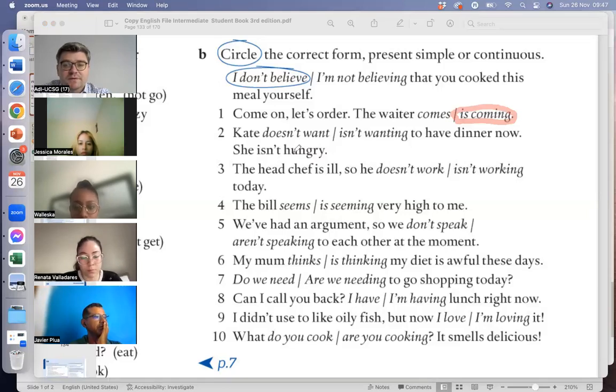Did anyone pick something different? Present continuous. Okay, why present continuous? Because it's an action.